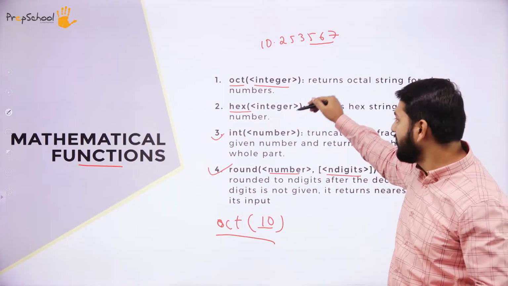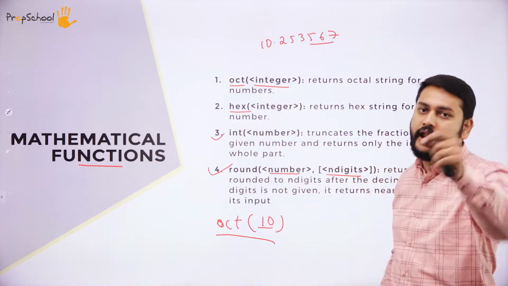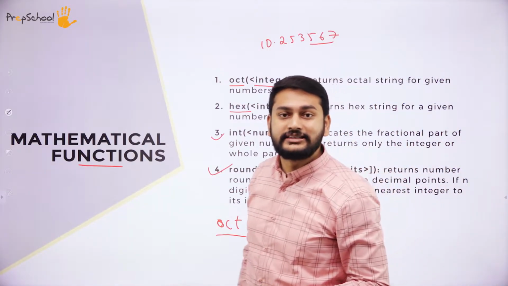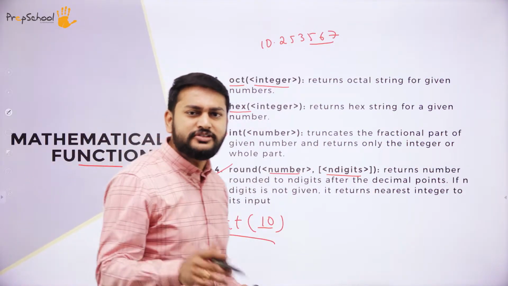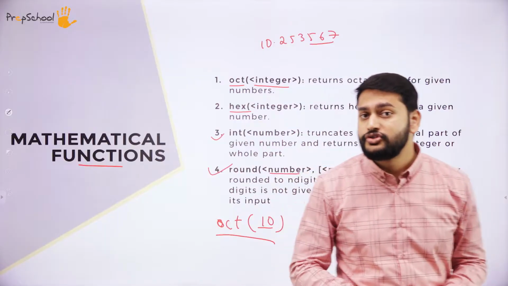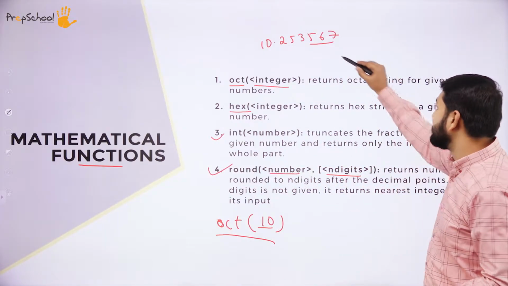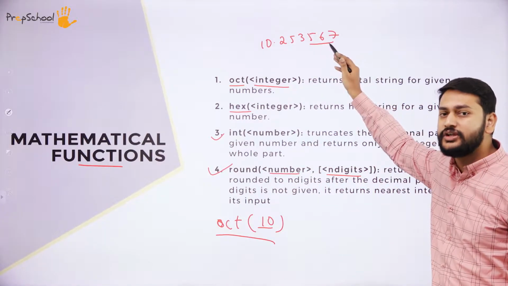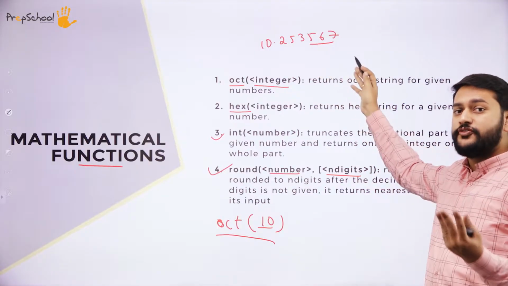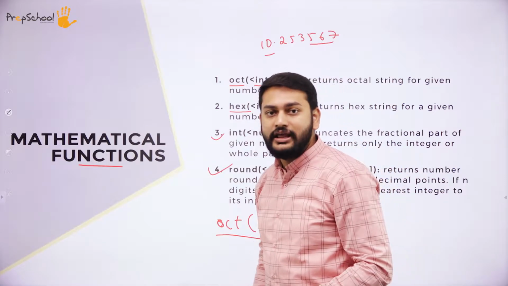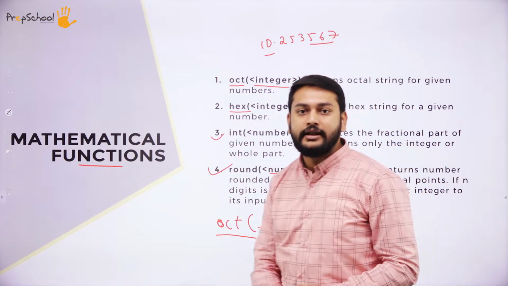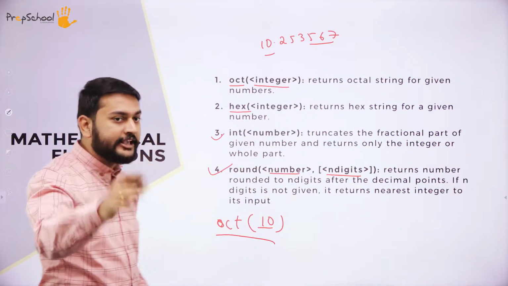If I pass any integer number here, the end result you will get is hexadecimal. In the same way, I have int and I have round. Round is to round up the value. You can specify how many values you need to round up. Suppose you don't specify, the nearest integer value is what you will get, is what I would like to explain to you.